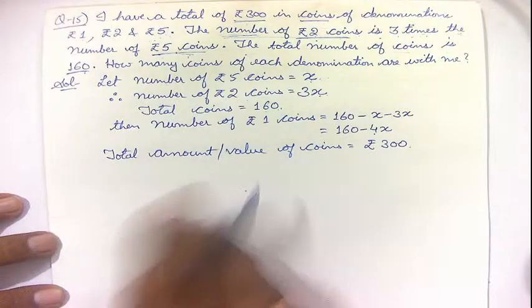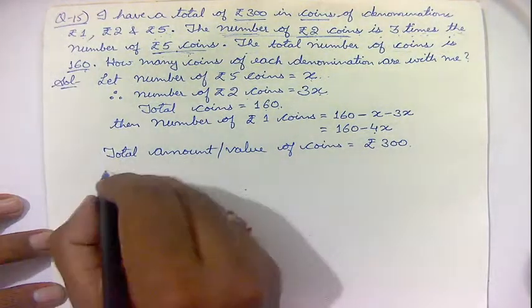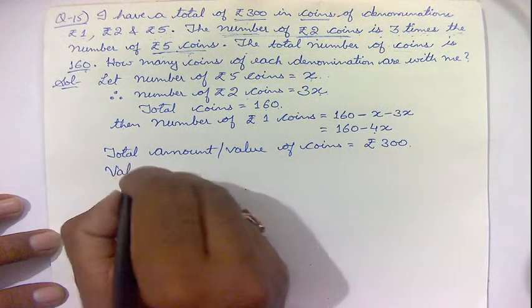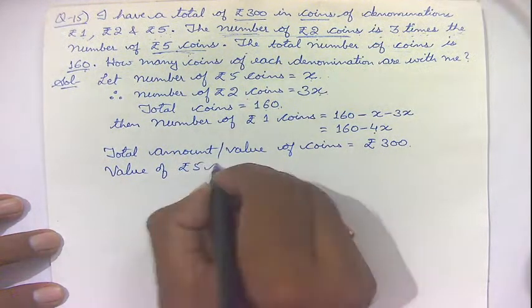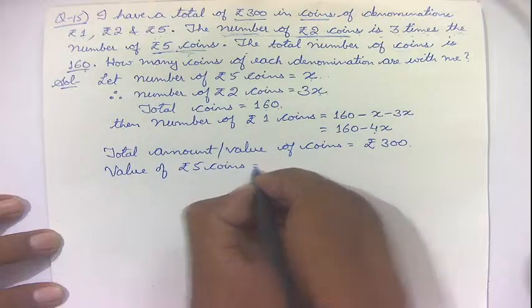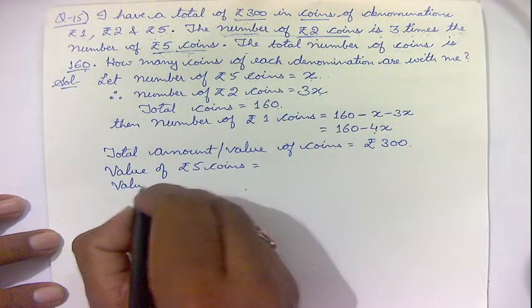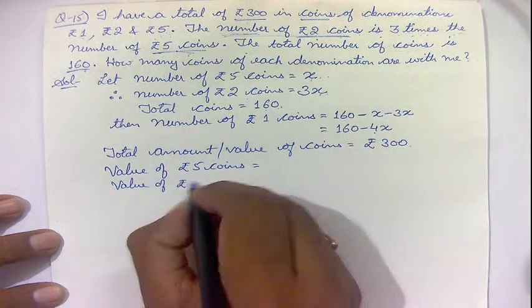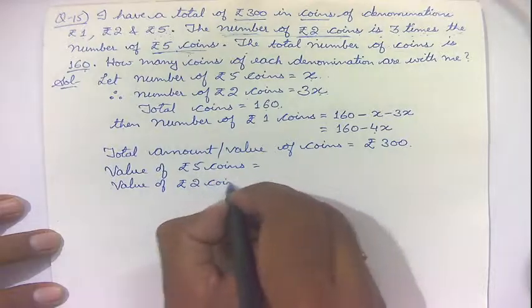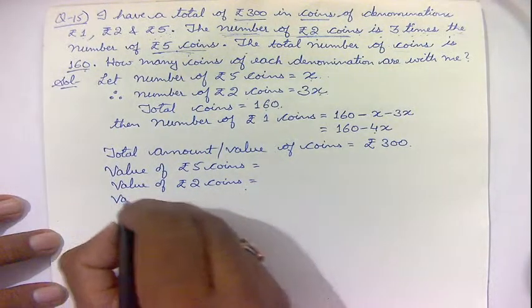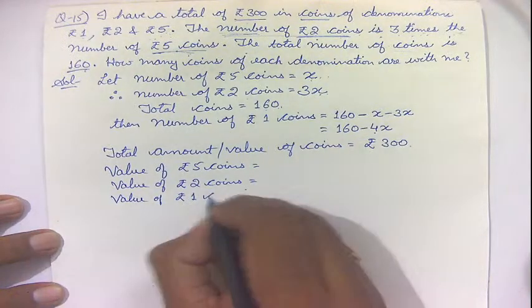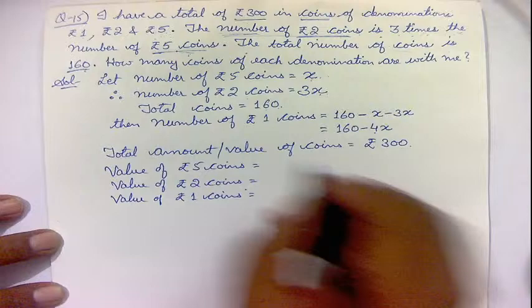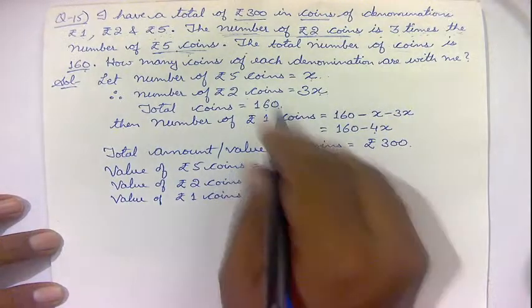So same way as we did in question number 14, we will find the value of rupee 5 coins, value of rupee 2 coins and value of rupee 1 coins. So what is the value of rupee 5 coins?